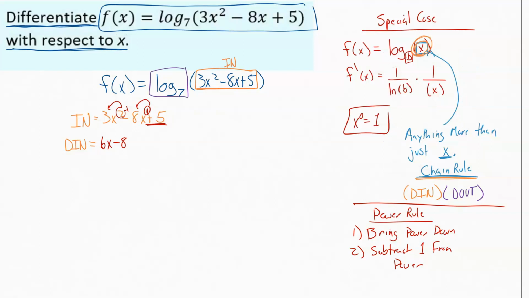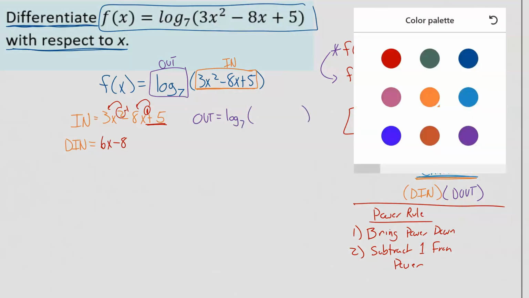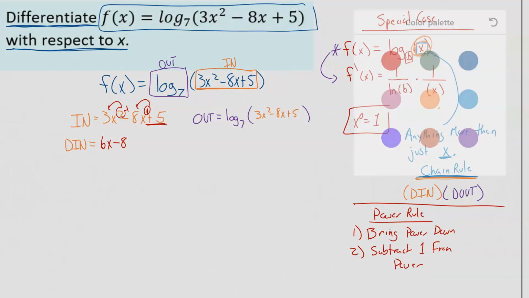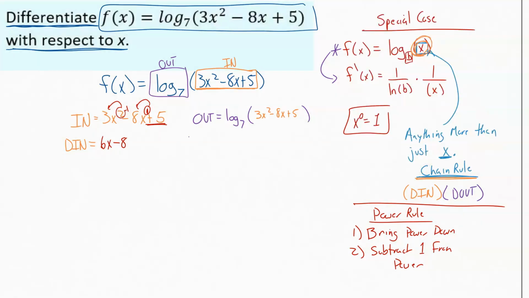The outside piece is always going to be the piece that follows your special case, that actually follows the rule. So when we look at the out right now, we're looking at log base 7, and inside there, this stuff just comes along for the ride. You already took the derivative of it before, but it still has to be there, it's just coming along for the ride as we go through this process. Finding the derivative of the out, the d out, we follow our special case.